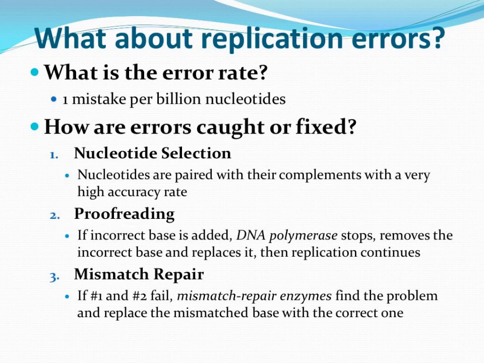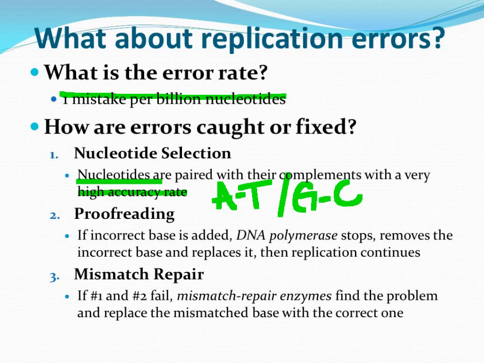And there can also be replication errors. The error rate is 1 mistake per billion nucleotides. That's a pretty low error rate, but how are they caught? First, nucleotide selection. The accuracy rate is very high. And once again, this is pairing A with T, G with C. Second, proofreading. Your DNA polymerase is also a good proofreader.